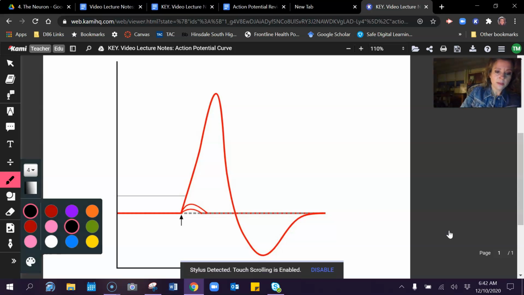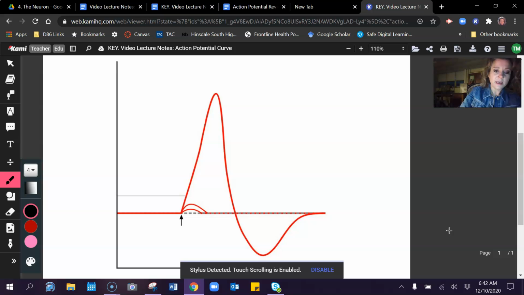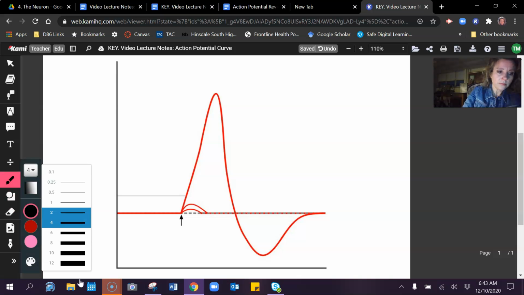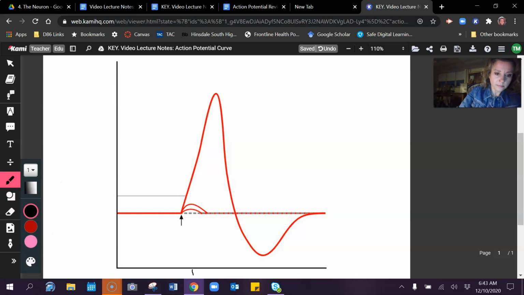The x-axis is a progression of time, so time is increasing here. And then on our y-axis, we have a measure of energy, which we'll label as millivolts.